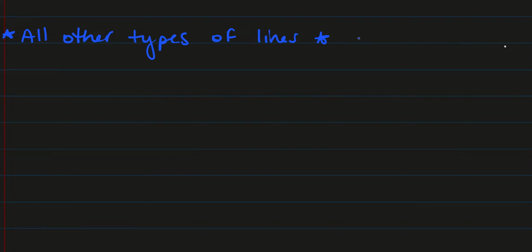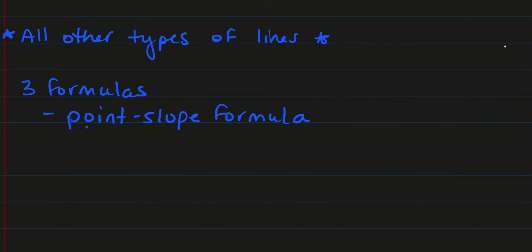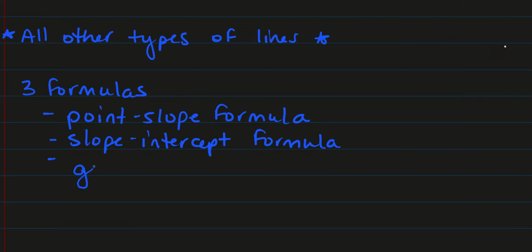So we're going to talk about 3 different formulas for a line. So we're going to have 3 formulas. We're going to have point slope formula. We're going to have the slope intercept formula, and we'll also have the general form of a line.